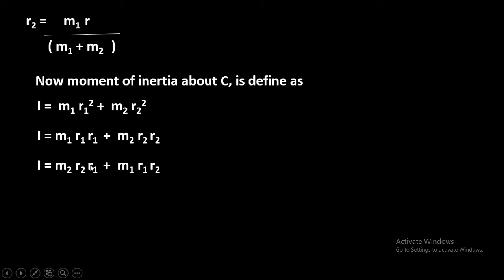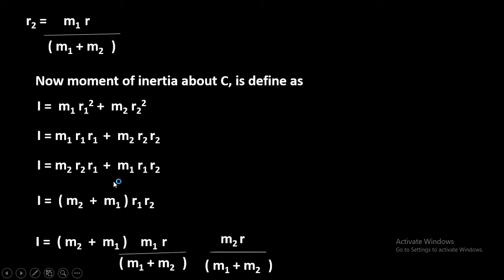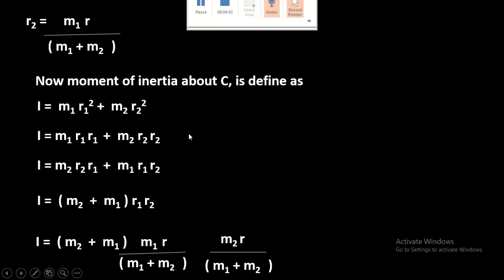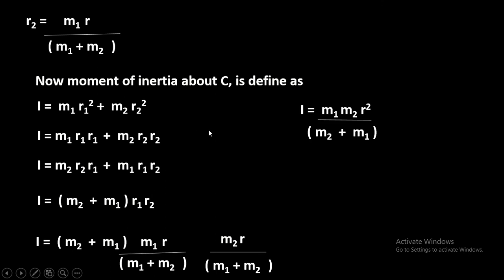In this equation, R1 R2 is common out of the bracket, giving M2 plus M1 in the bracket times R1 R2. Putting the values of R1 and R2, the equation becomes M1 plus M2 in the bracket, then M1 R upon M1 plus M2 into M2 R upon M1 plus M2. The M1 plus M2 will cancel out. Therefore, the remaining is I equals M1 M2 upon M1 plus M2 into R square.